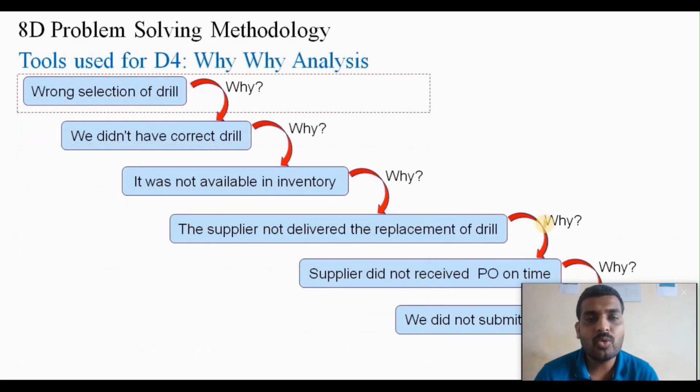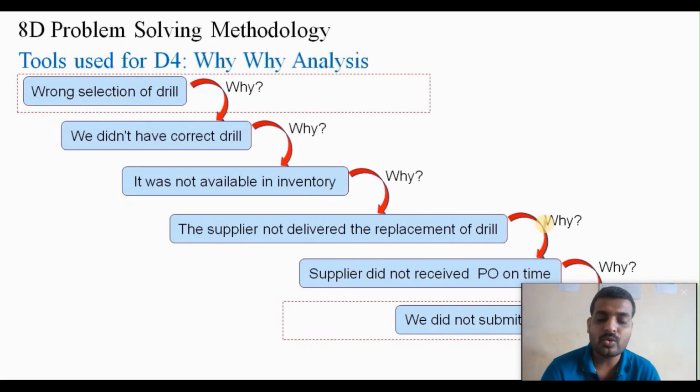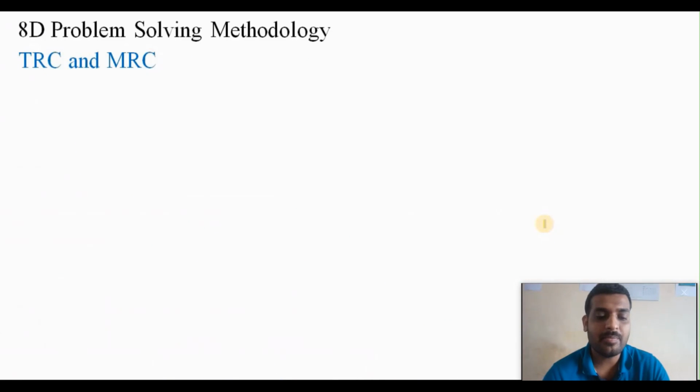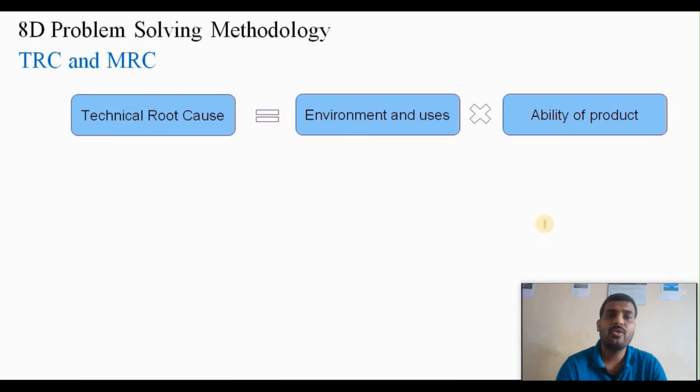Now we will move to what is the technical root cause and what is the managerial root cause. The technical root cause is generally due to the interaction of causing conditions, and the managerial root cause explains why the occurrence of this condition was permitted. Now you may ask why it is important to look behind the technical root cause.